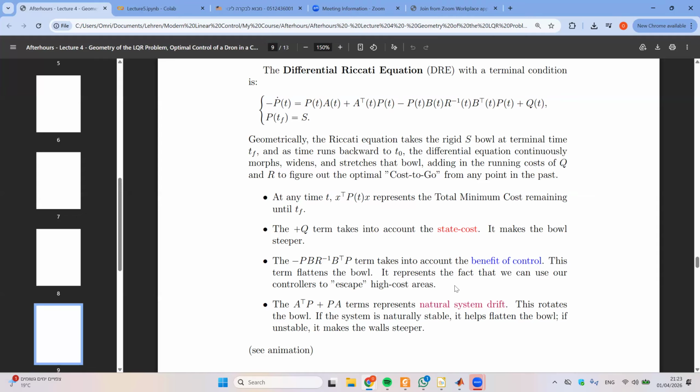And basically this rotates the ball, because it naturally changes the state variables. And if the system is stable, it helps to flatten the ball. If it's unstable, it makes the ball even steeper.